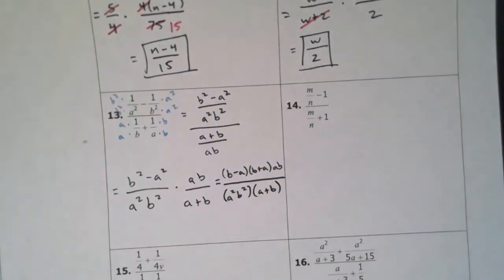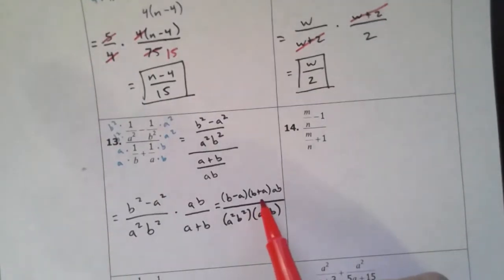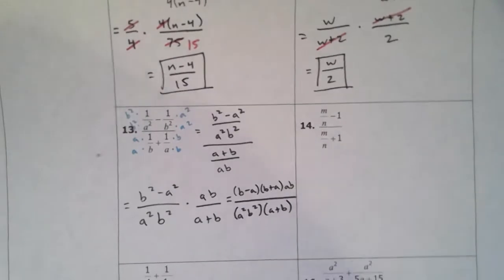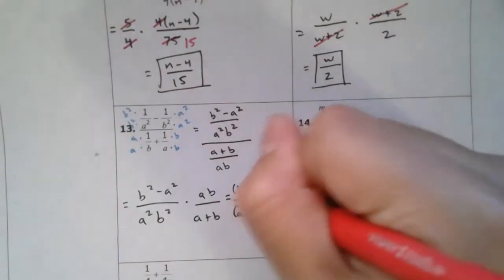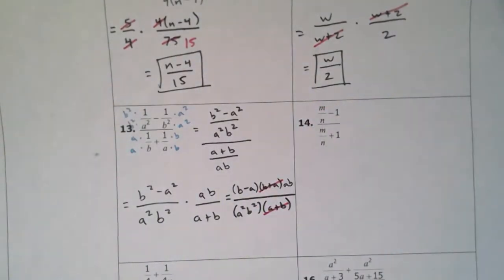From here, I can cancel out a plus b and b plus a. They're essentially the same thing, both positive and both being summed. So I can cancel these two out.